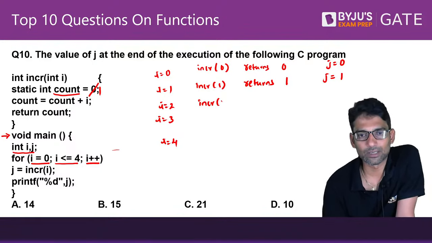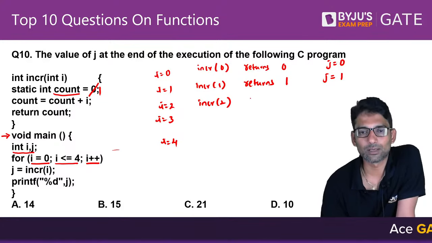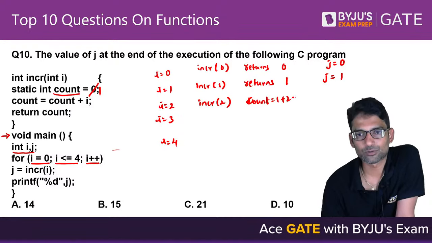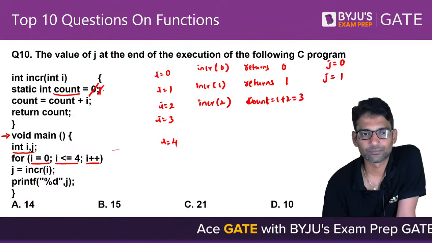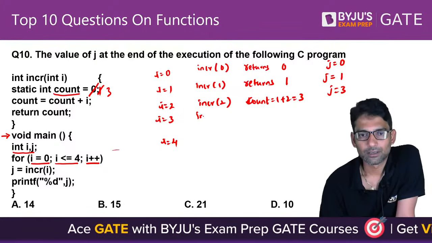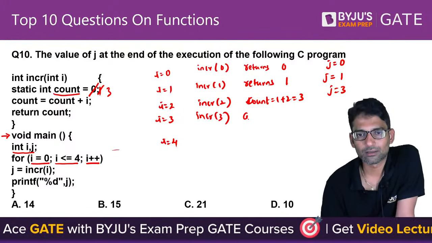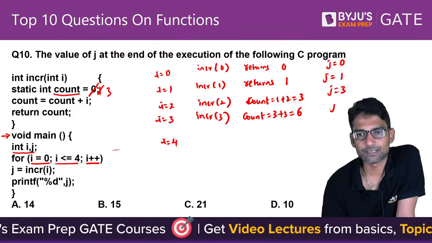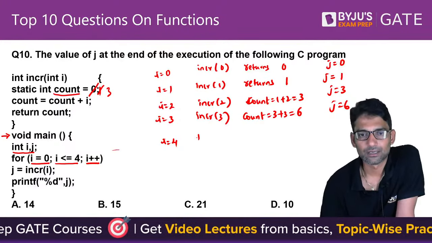And when i equals 2, 1 plus 2, so count would be 3. So it returns 3, hence j will be 3. Increment of 3 will make count 3 plus 3, 6, j will be 6.